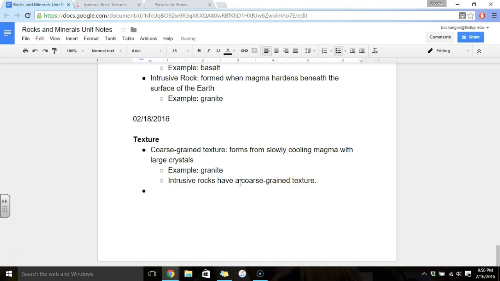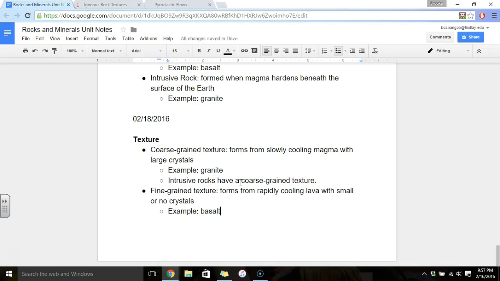The other texture that's really important from the reading is fine-grained texture. And that forms from rapidly cooling lava with small or no crystals. In the example that it gave us, well, it doesn't really give us an example, but I'm going to give you one: basalt. We've looked at that a lot already, too.